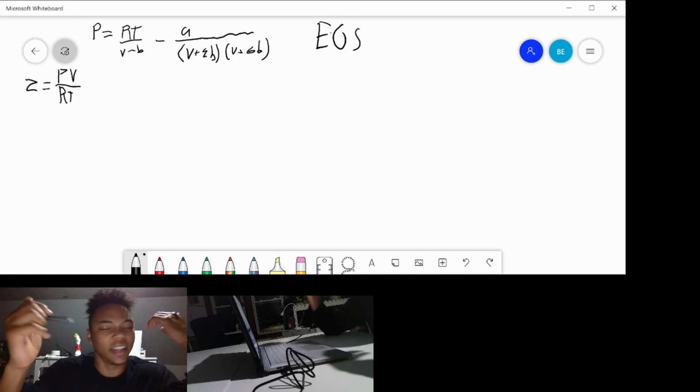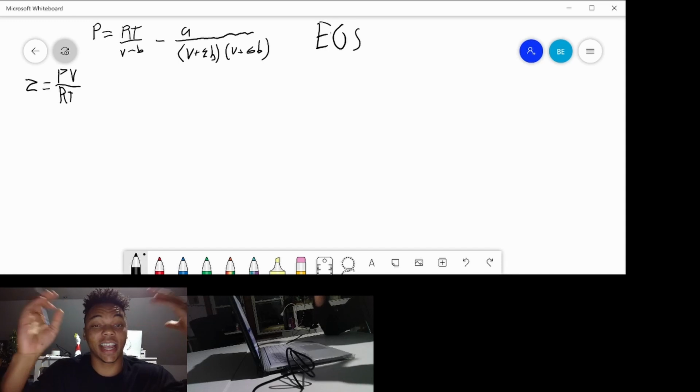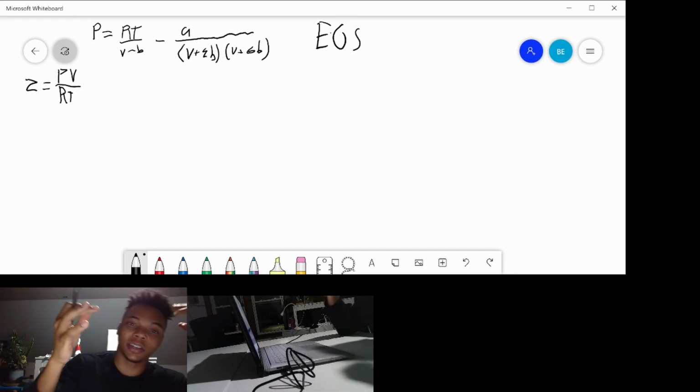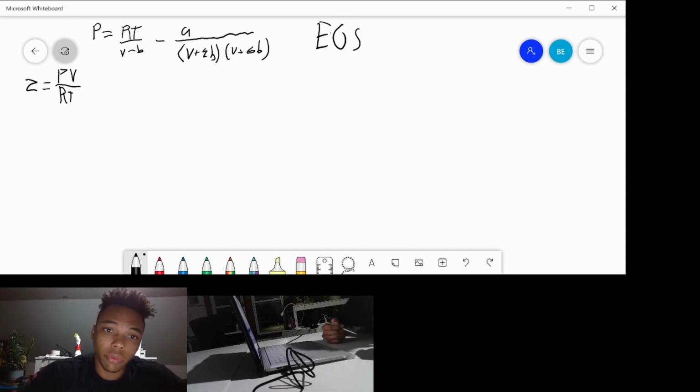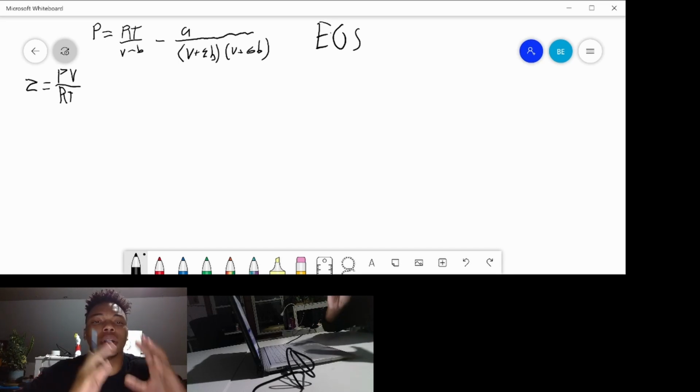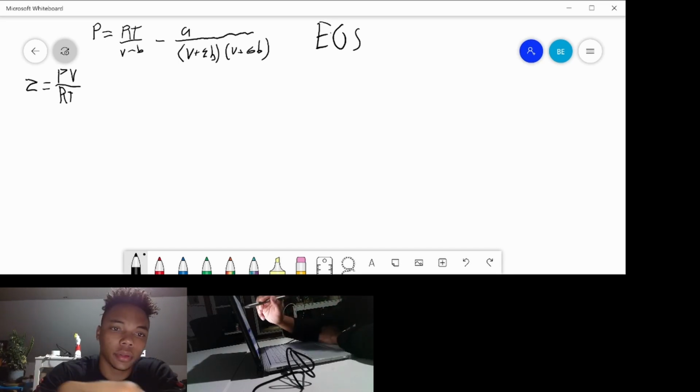I know it sounds kind of easy, but it is actually harder than it may seem. So first we're just going to look at one side of the equation: P equals RT over V minus b.